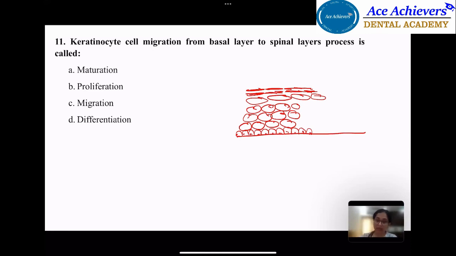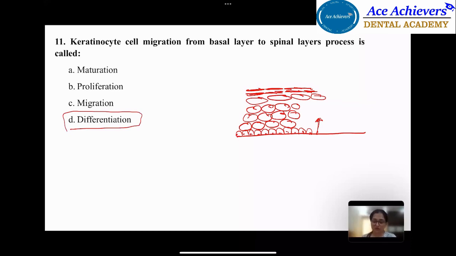When the cell decides to move from the basal layer into the spinous layer (here it is written spinal, but actually it is the spinous layer), it becomes committed to biochemical and morphological changes. When it becomes committed to these changes, this process is known as differentiation.